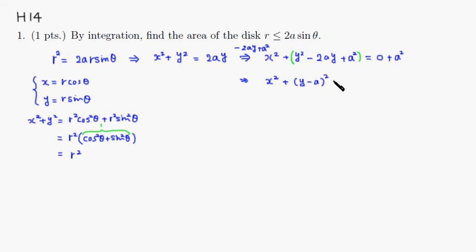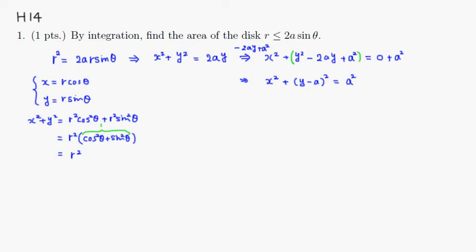This is equal to 0 plus a squared, which is a squared. So this is going to be a circle with radius a, centered at x equals 0 and y equals a. So it's going to look like this.